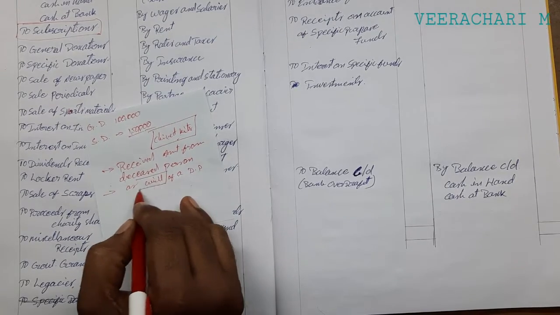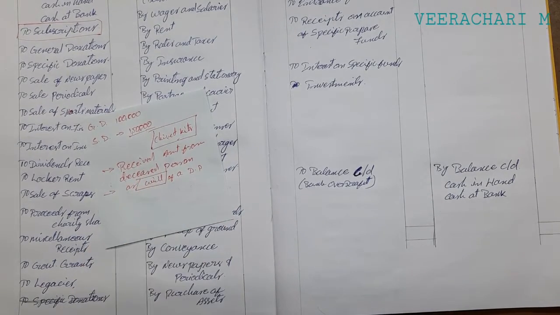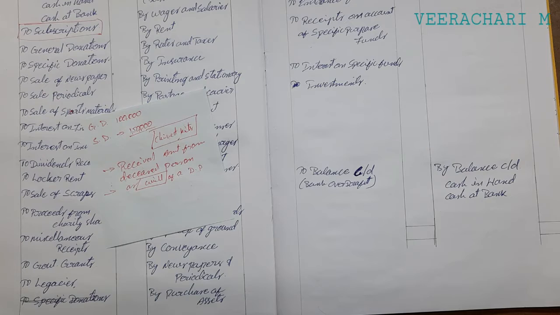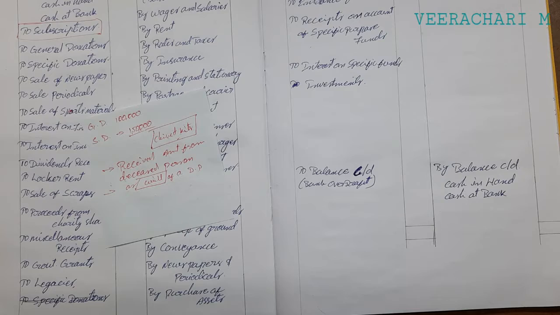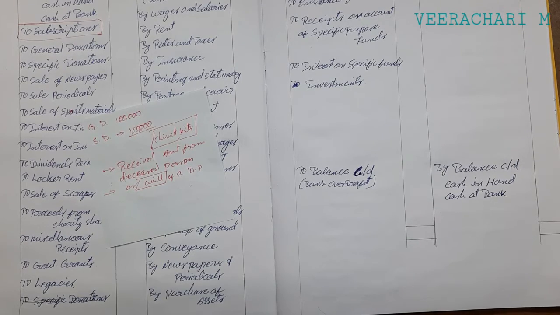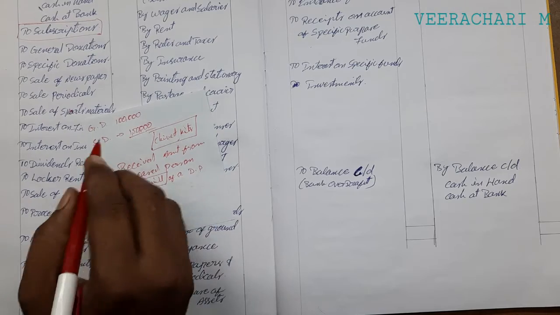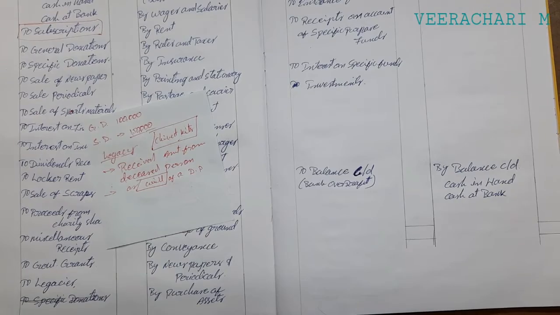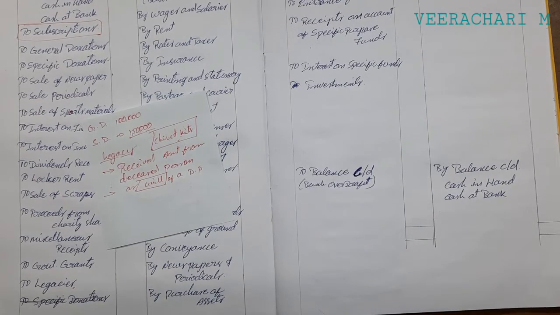A will is a document made for after the death of a particular person. Whatever assets he transfers, if he has written in the document that his assets are to be transferred to a non-trading concern, that is called a legacy here.